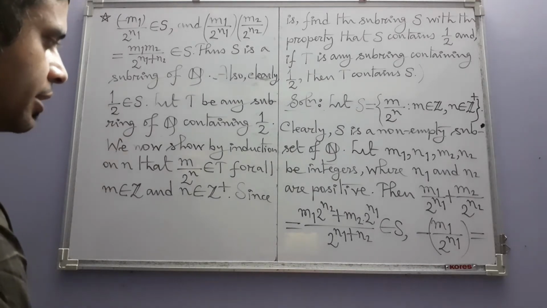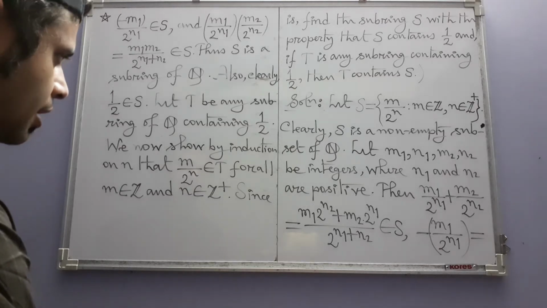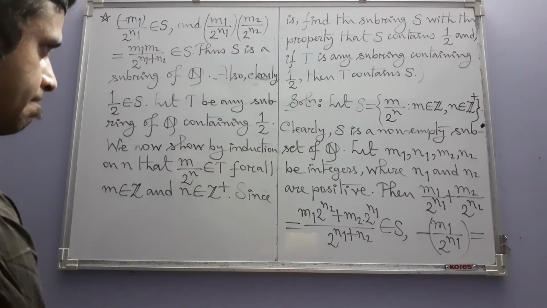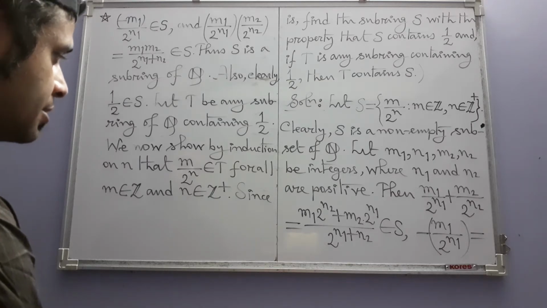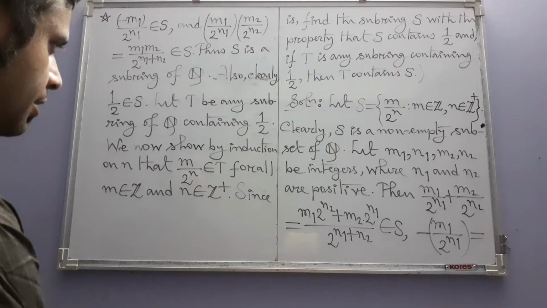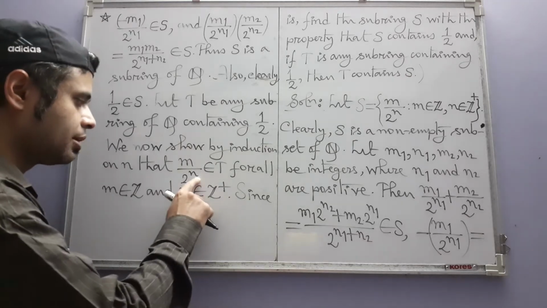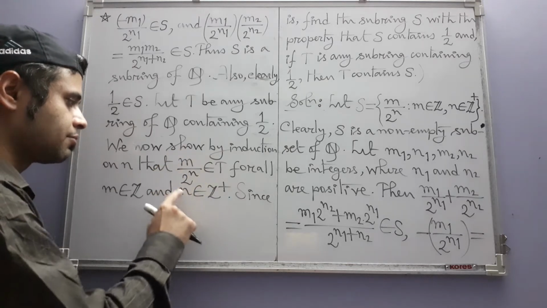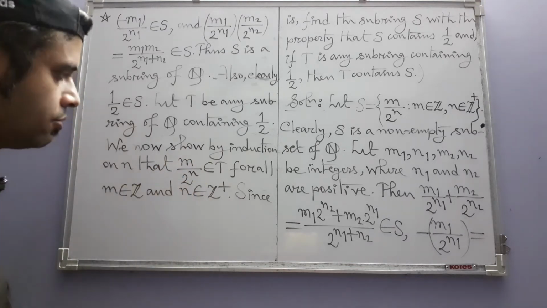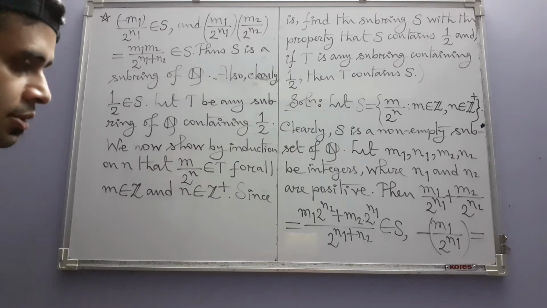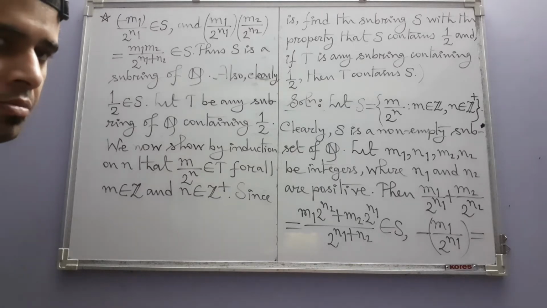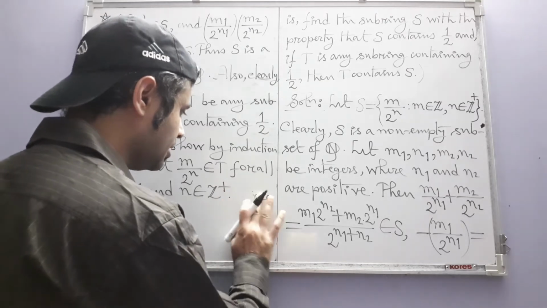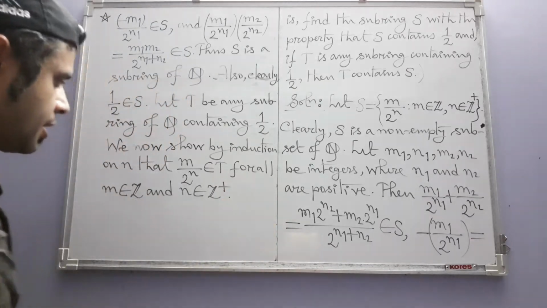The problem that I immediately face now is, how shall I get the basis for the induction? In that basis, small n will be 1. So I will be dealing with numbers of the form m divided by 2. Now that itself will need an induction. Okay, so we cannot immediately get the basis at once.